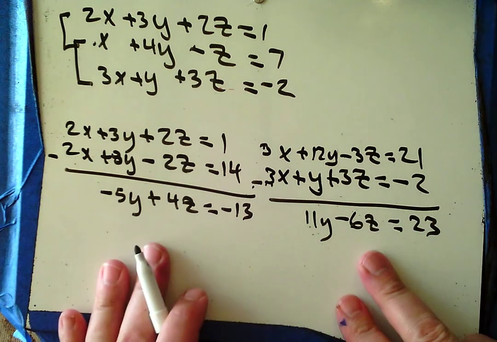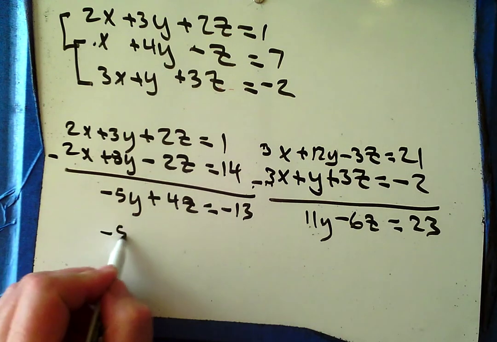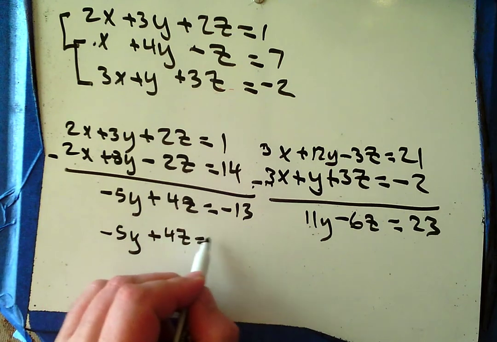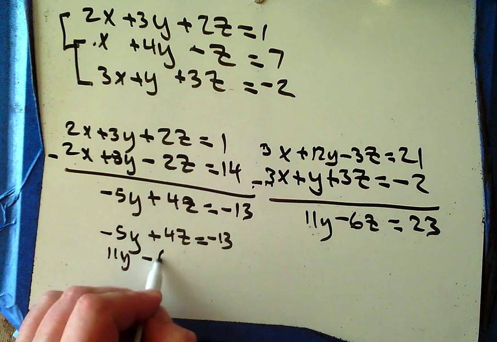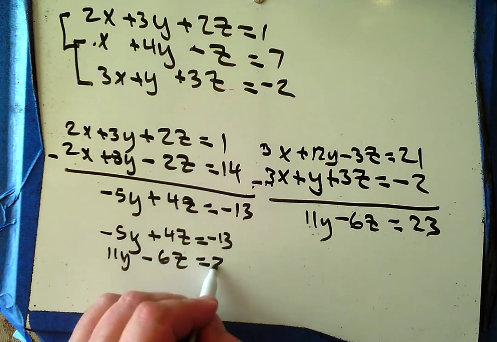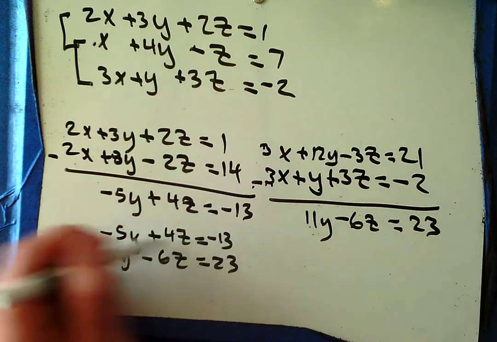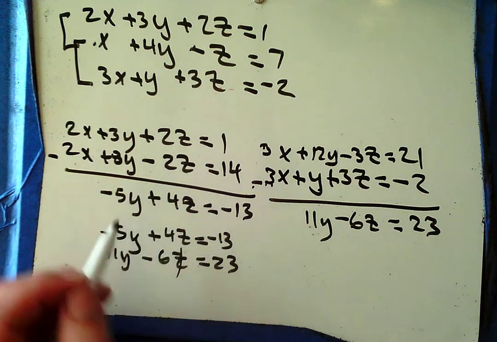And now we're supposed to take these two and put them together. And so we get negative 5y plus 4z equals negative 13. And 11y minus 6z equals 23. So if I multiply this row by 3 and this row by 2, I'll be able to cancel z's.